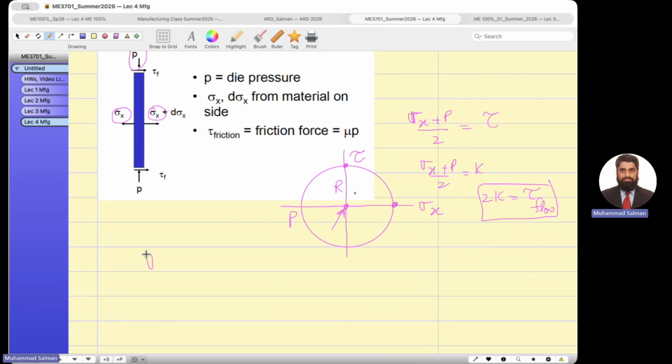And now you will see sigma x plus p equals 2 times k. This 2 is coming from the average, the denominator is the average, right? You see my point? And that is equal to von Mises. Von Mises says if the distortion energy, since this is plane strain, so we are doing this work, reaches this value, then the material will start flowing.